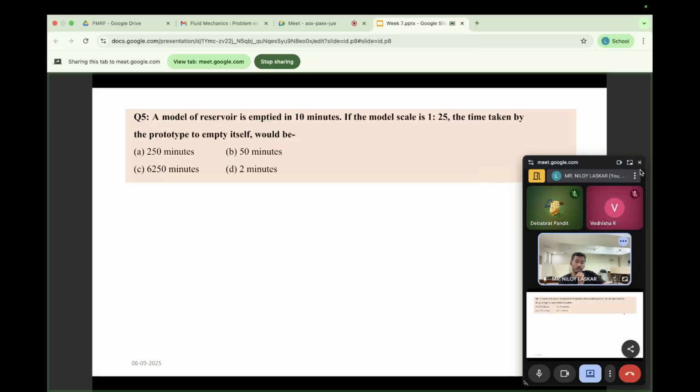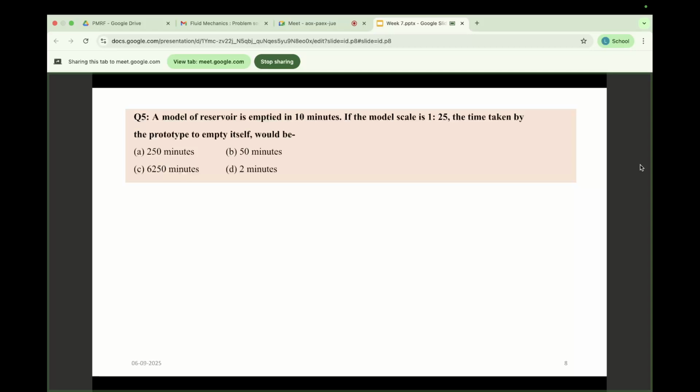Okay, I am just giving you some hint or some concept which will help you to answer this question.